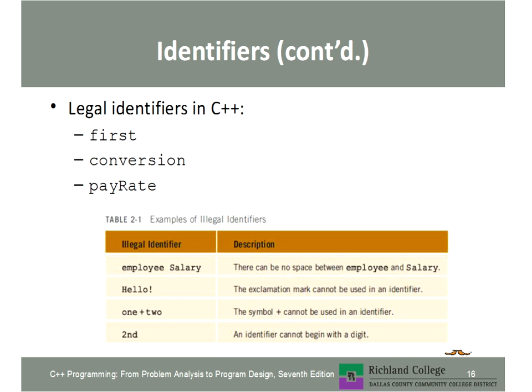So here we have our convention, right? The convention is we have two words and the two words run together. The first word starts with a lowercase. The second word starts with an uppercase, and that's what we call camel casing.